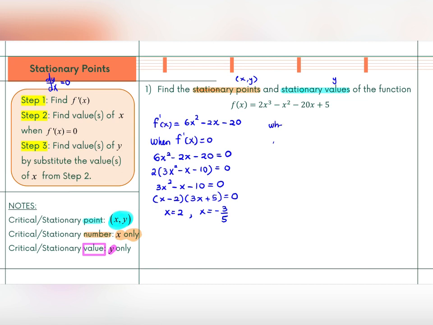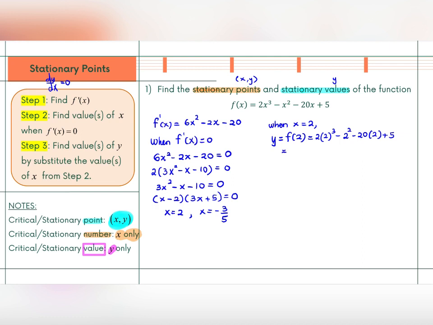When our x is equals to 2, okay, y will be equals to f of 2. So, macam mana nak dapatkan value of y? Gantikan 2 dalam this equation. So, 2 cube minus 2 squared minus 20 multiplied by 2 plus 5.